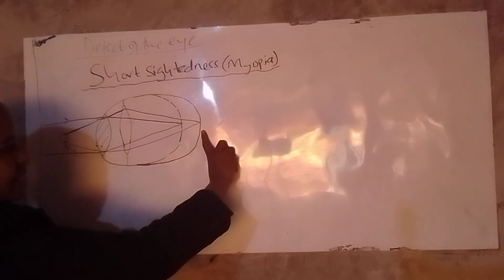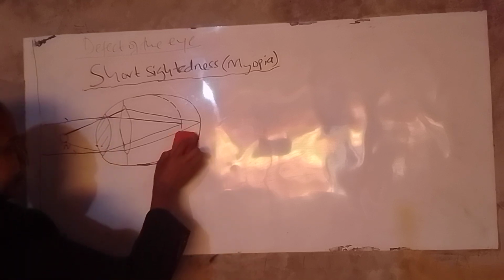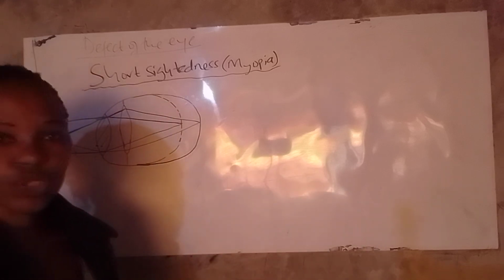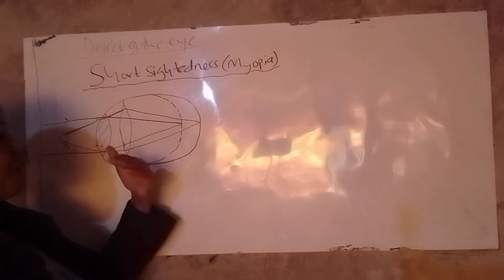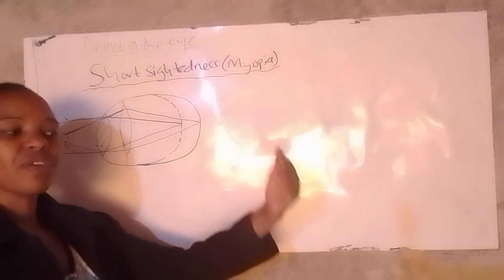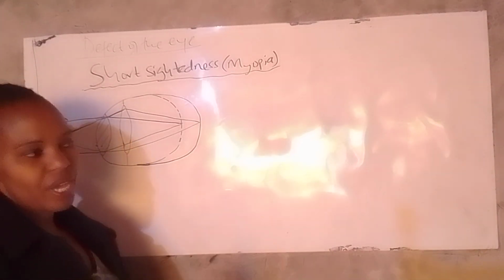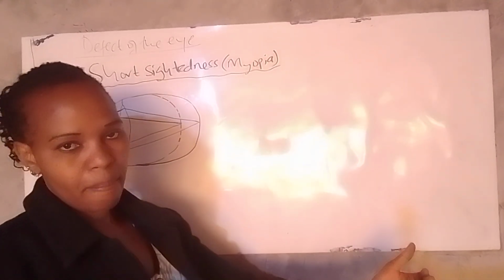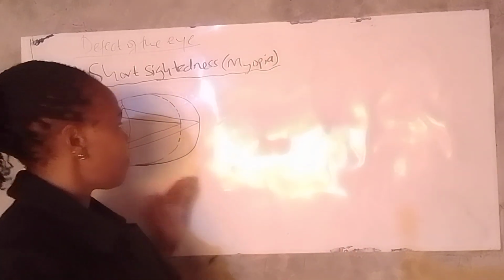So our actual retina is here, but they converge on the false retina. And the false retina is in front of the actual retina. So rays that are coming from a far object converge in front of the retina. Why? Because that is where the retina should be, but it's not there, it's behind, because the eyeball is a bit longer.